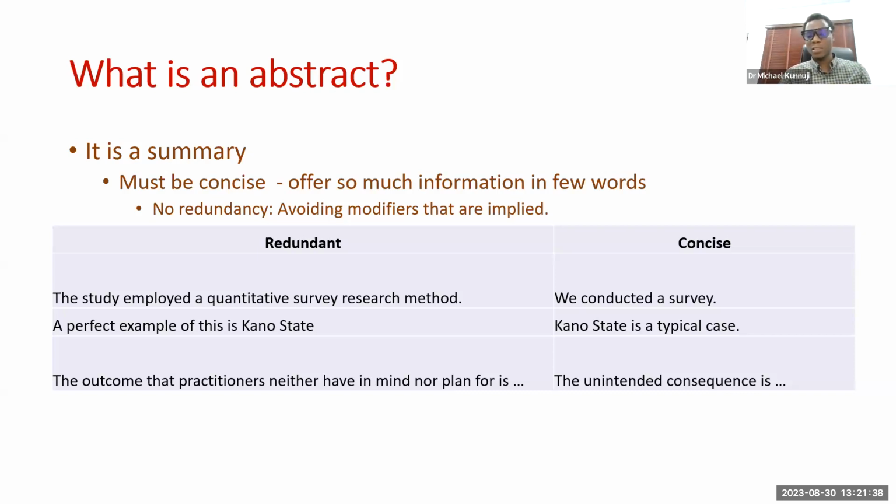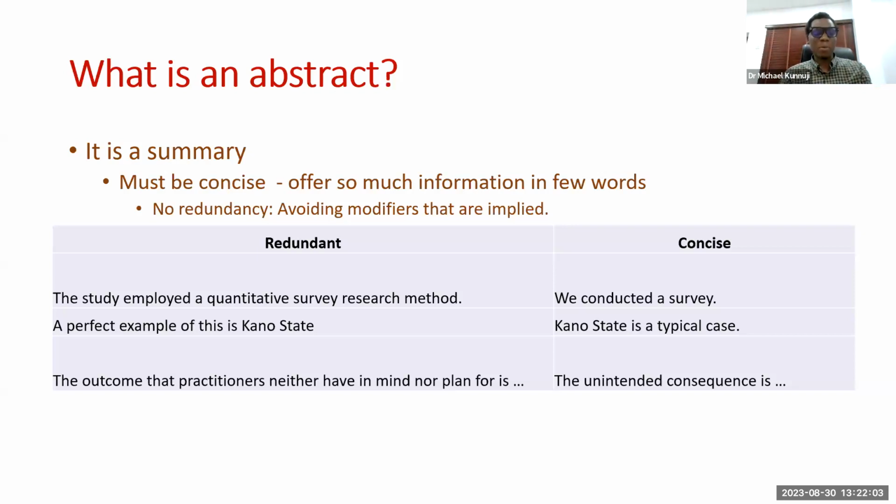And if you say we conducted a survey, you have lost nothing. Those who are familiar with these terms know that the moment you're talking about a survey, you're talking about a quantitative method. So it will not be necessary to spell out quantitative survey research. So there are redundant words in that statement.